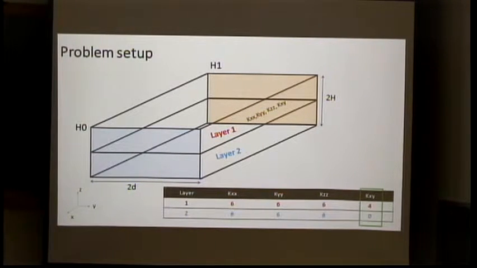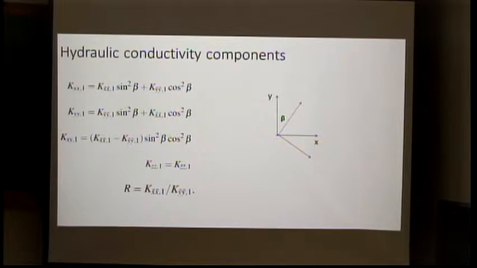And when you do that, other people have done it before. Just to remind, everyone here knows this, but if we take this coordinate system xy, and this red one represents the principal axis of the hydraulic conductivity, and we have a rotation angle beta there, then these relations here apply.